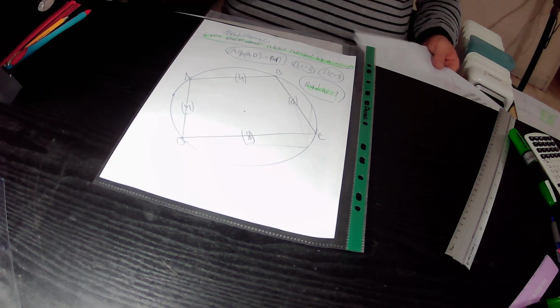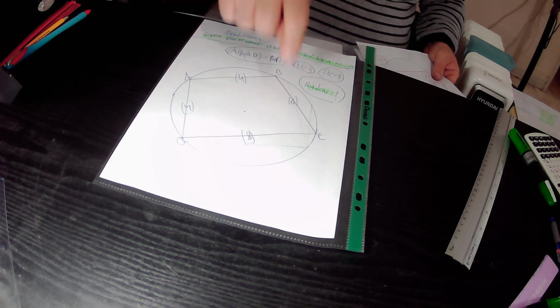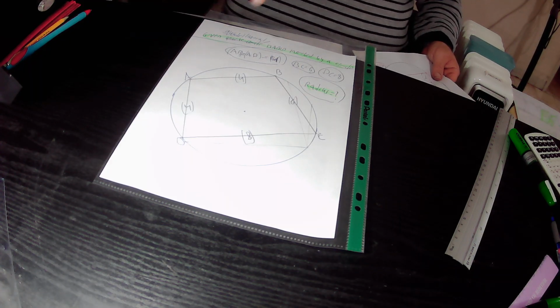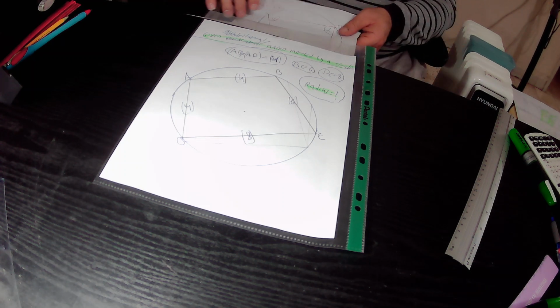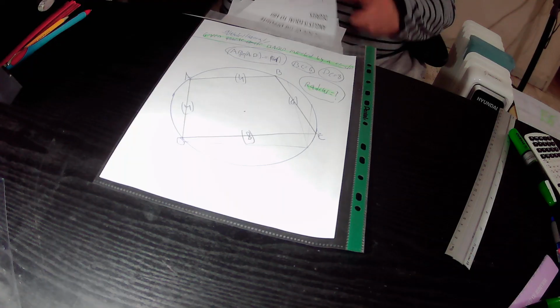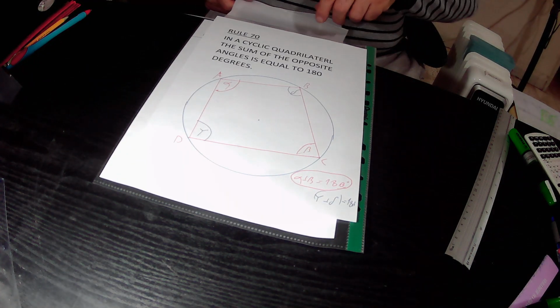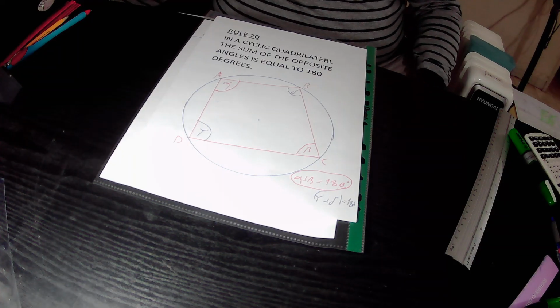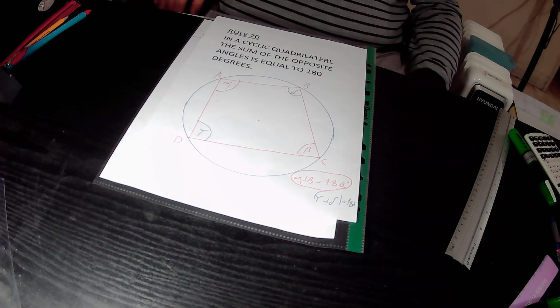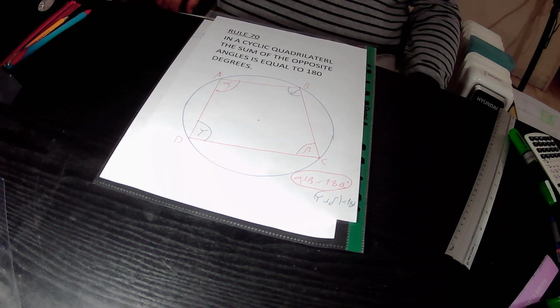So here we have quadrilateral ABCD that is described by this circle, and therefore we can implement rule 70. Okay, click on rule 70. According to rule 70, in a cyclic quadrilateral, the sum of the opposite angles is equal to 180 degrees.